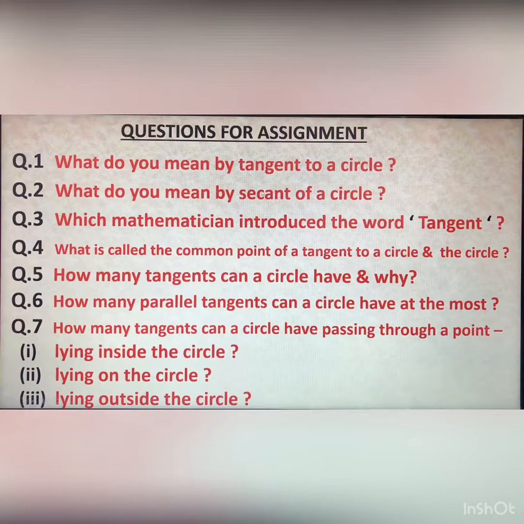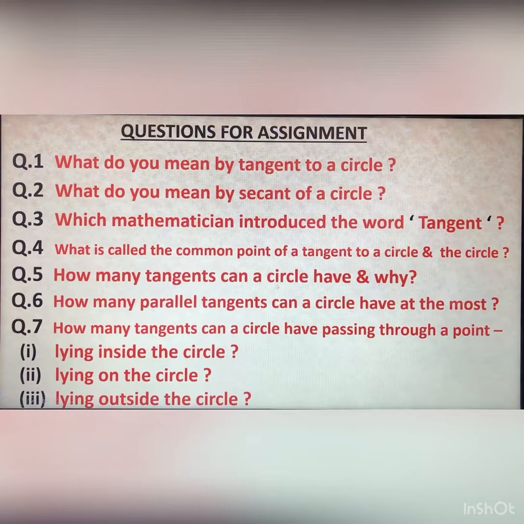And what do you mean by secant of a circle? If a line intersects a circle at two points, then that line is known as a secant of a circle. And which mathematician introduced the word tangent? You know well, a Danish mathematician, fine. And what is the common point of the tangent to a circle and the circle called? This is the point of contact.